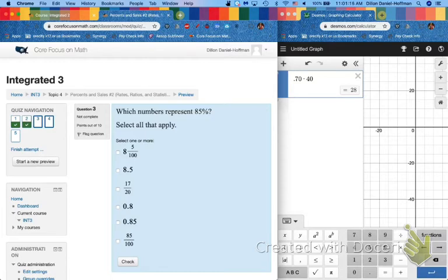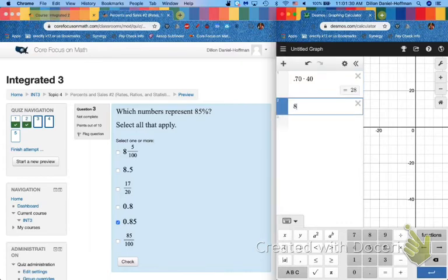Good. All right. Which number represents 85%? 85%. So we know that's 0.85. Let's check the other ones. 8 and 5/100ths. You could see that if you write that out, it tells you. Does it tell you? Oh, it doesn't.